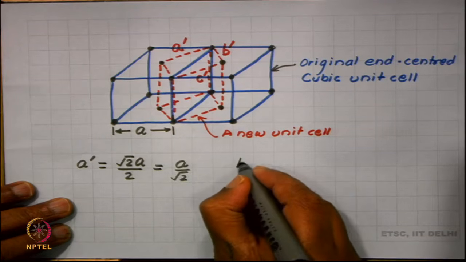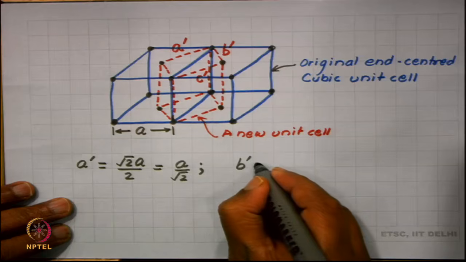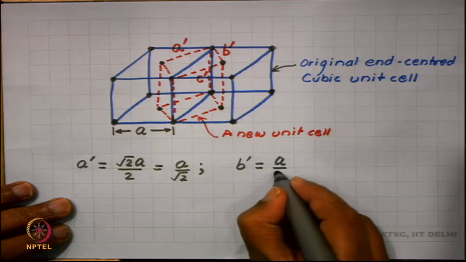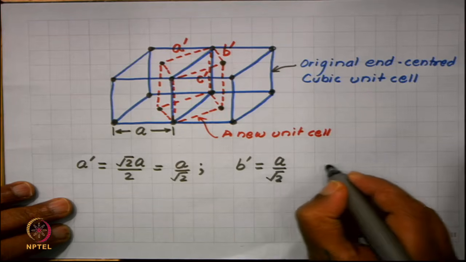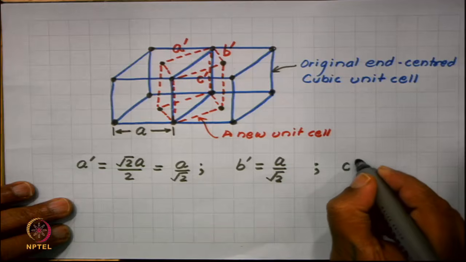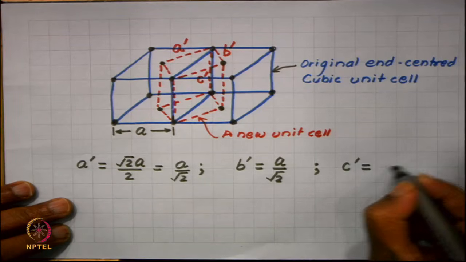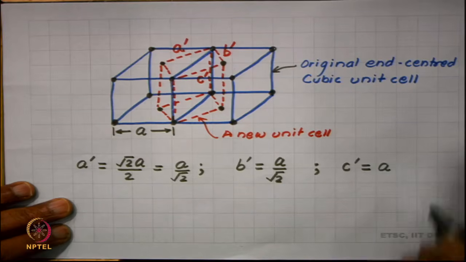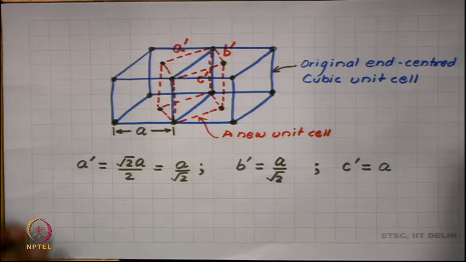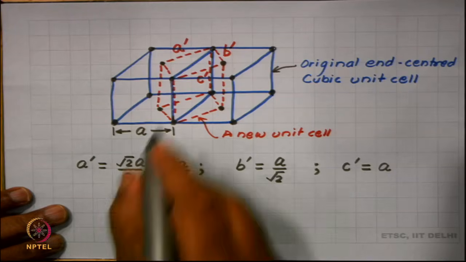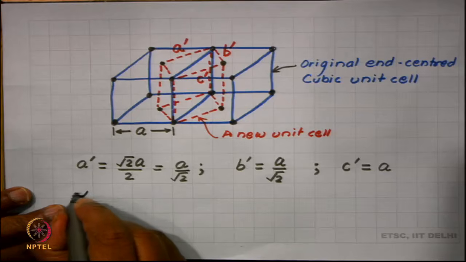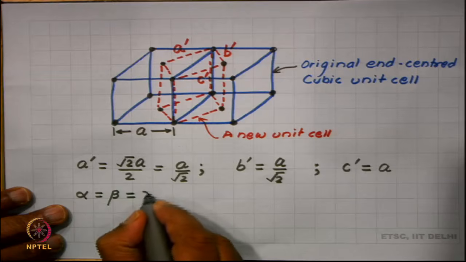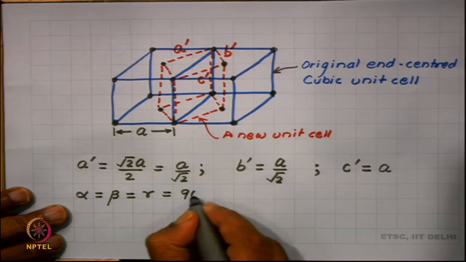Similarly, B prime is also half the face diagonal, so that is also A by root 2, whereas C prime is equal to the vertical cube edge, so C prime is just A. And if we look at the angles, the angles are still all 90 degrees. So, we have alpha, beta, gamma as 90 degrees.